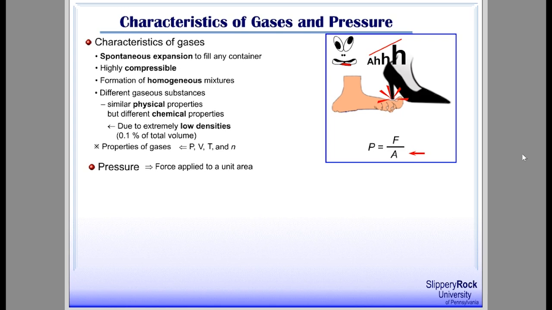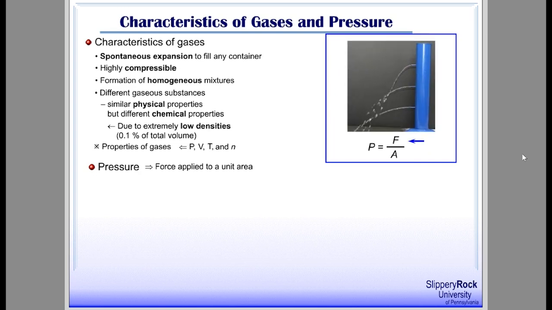Now, let me show you how pressure and force are related. This picture shows a cylindrical container that is filled with water. It has three holes that are equally spaced and vertically aligned. It is certain that the cross-sectional areas at the locations of the three holes are equal.